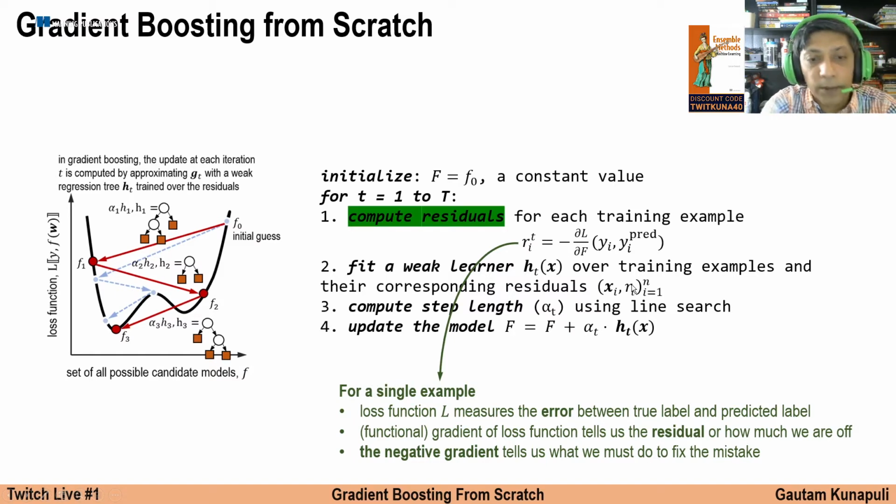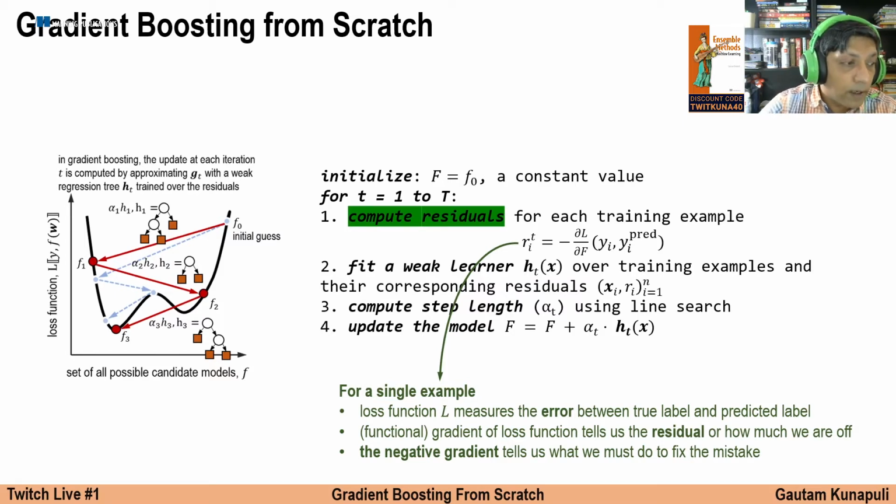The loss, which measures the error, and the residual, which tells you how much we are off by. The key thing to remember is that the residual we compute is actually the negative gradient, because the residual tells you how much we are off by in which direction. So if we want to fix our model, we'll have to go in the opposite direction for that training example, right? And you do this for every single training example.